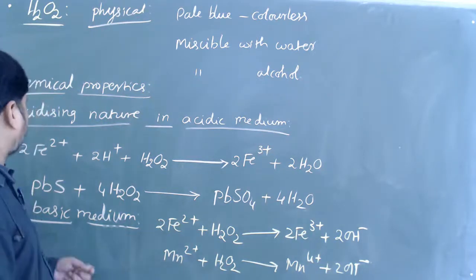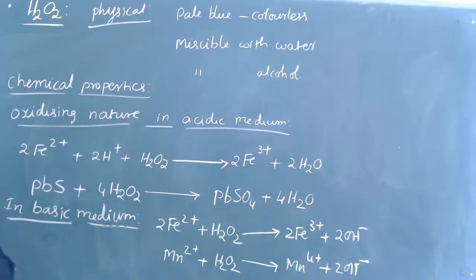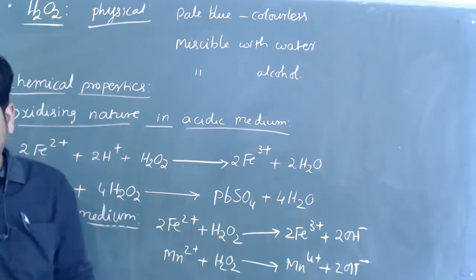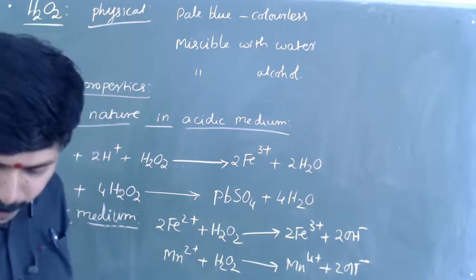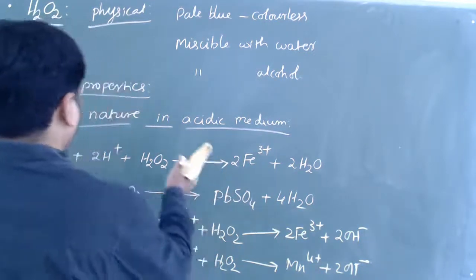And the next one is going to be the reducing nature. How is this reducing nature going to take place? The reducing nature is also going to take place in acidic medium as well as in basic medium.